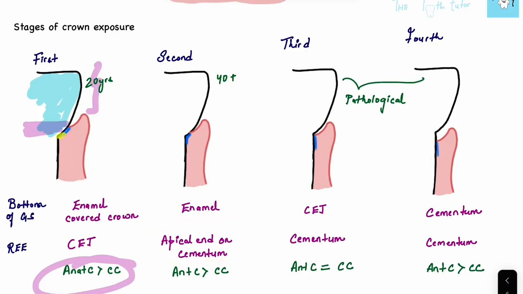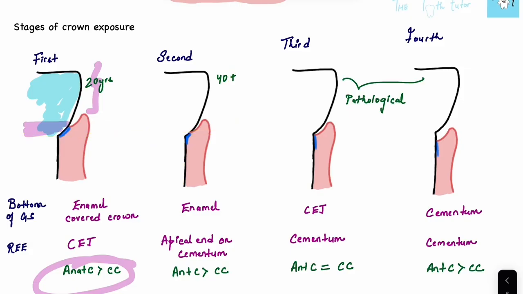Here, the apical end means the bottommost portion. It was at the cemento-enamel junction, but now it is on the cementum. Still, the anatomical crown is greater than the clinical crown because the gingival sulcus is present on the enamel. So the gingiva is extending up to the enamel and covers some portion of the enamel. This is my clinical crown, and my anatomical crown was up to over here.